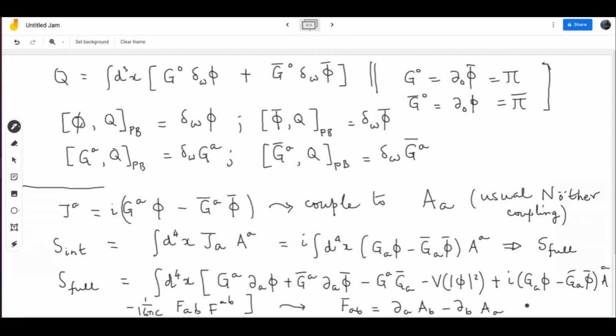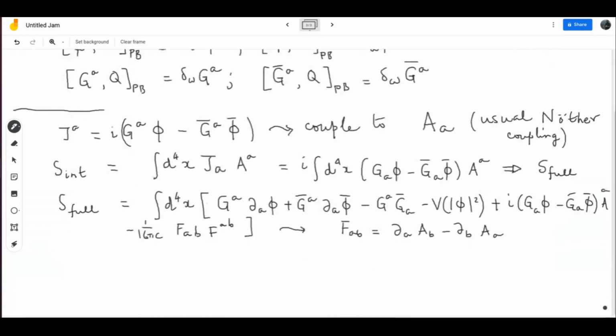Okay, so what I wanted to show you is what this does to the equation of motion, because we can see immediately that there will be changes. If you make a variation with respect to G, so delta G of S full equal to 0, what does this give us? Well, there is an integral d4x. Delta GA del A phi. Nothing from here.